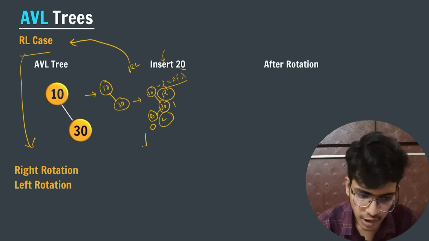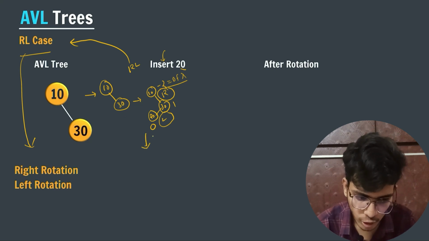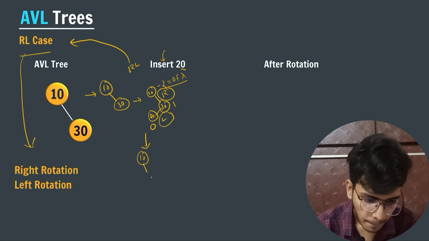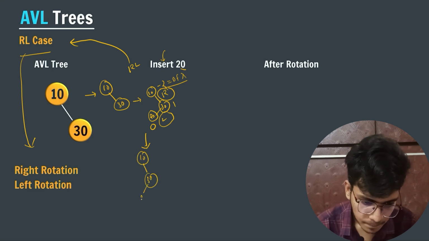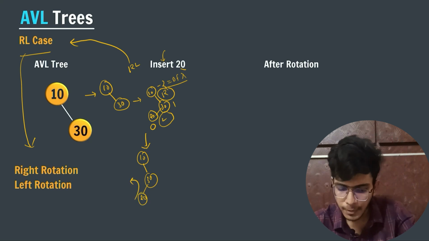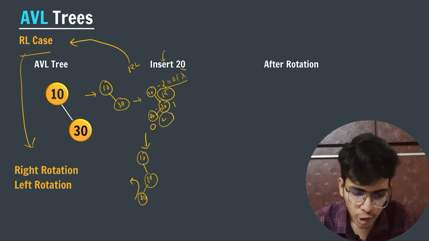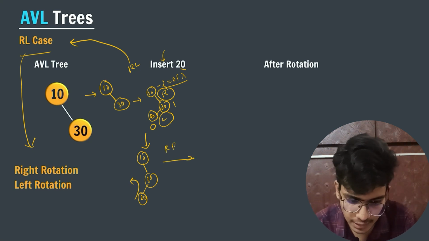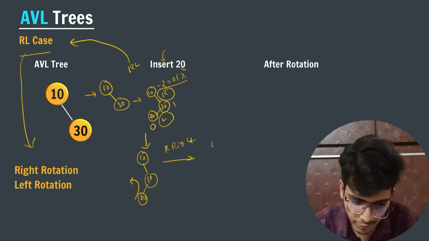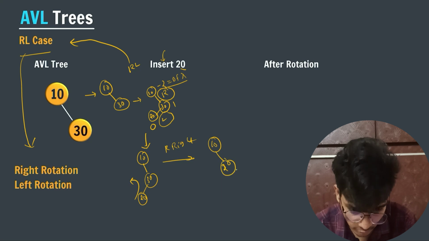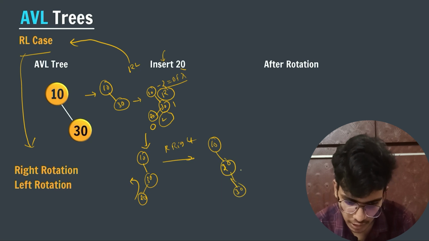So first of all I will perform a right rotation. This is the tree: 10, 30 and 20. When I perform my right rotation, 20 will come on top and 30 will go down. So after the right rotation, my tree will become 10 on top, then 20, then 30 coming down.